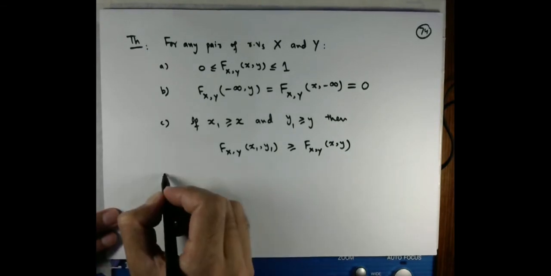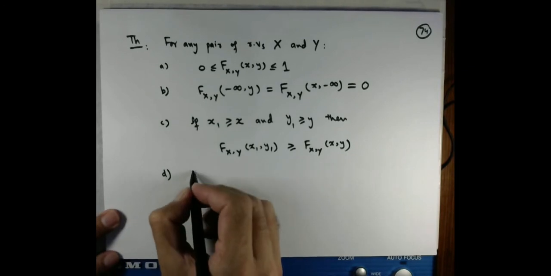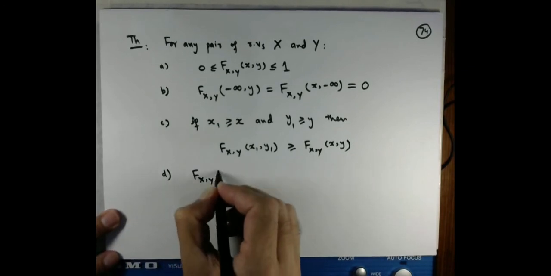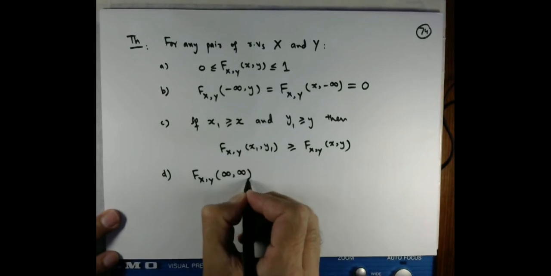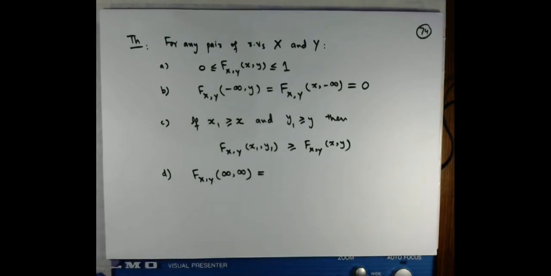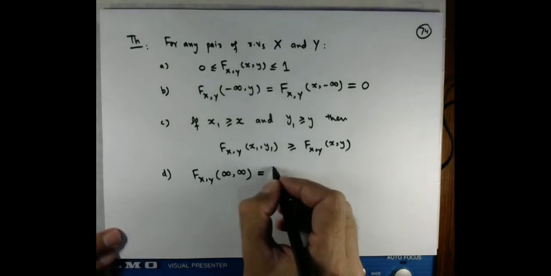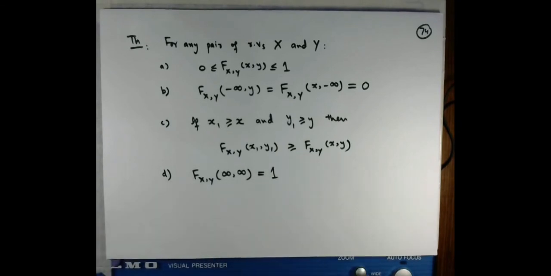And D, which is obvious, F sub x comma y at infinity comma infinity, which means you go to infinity on the x-axis and on the y-axis, you should reach 1.